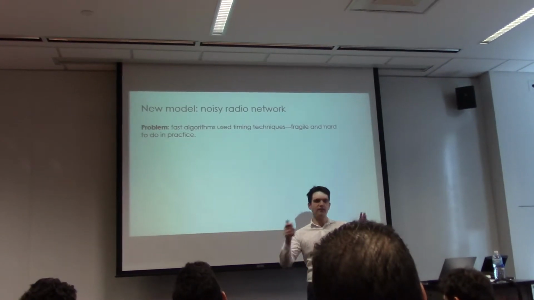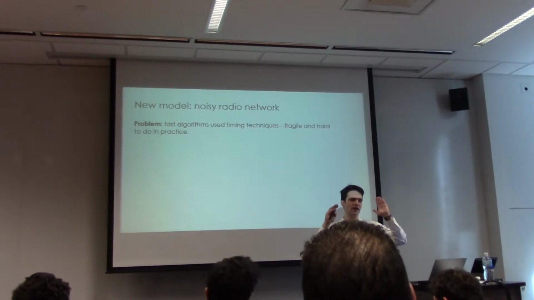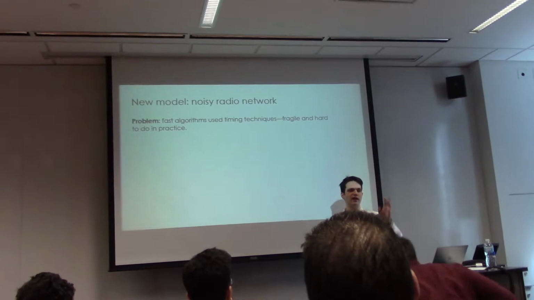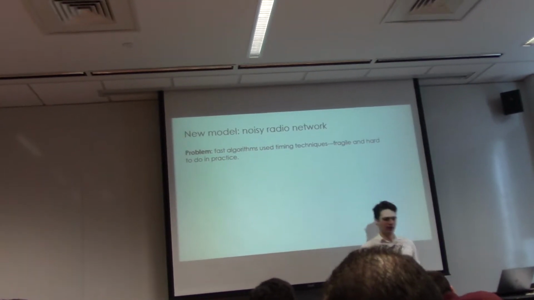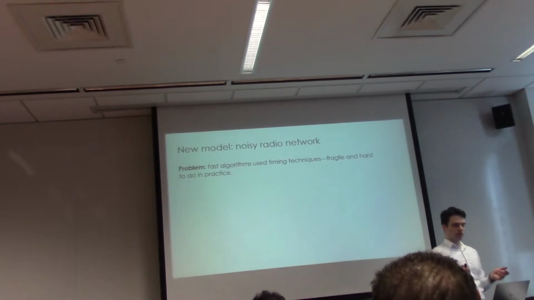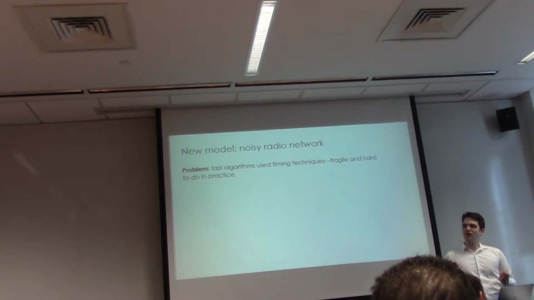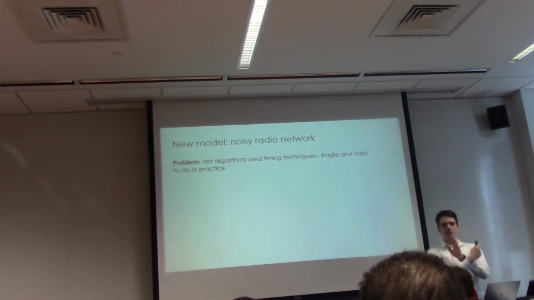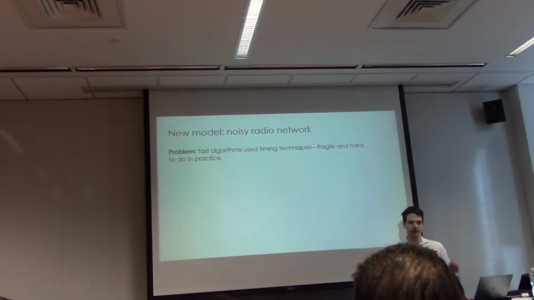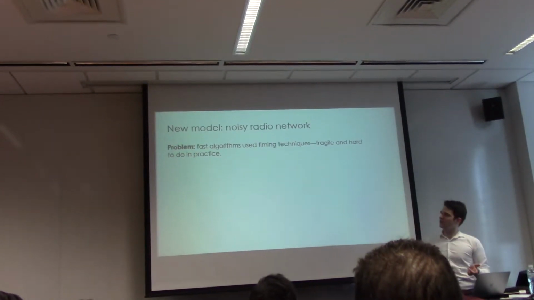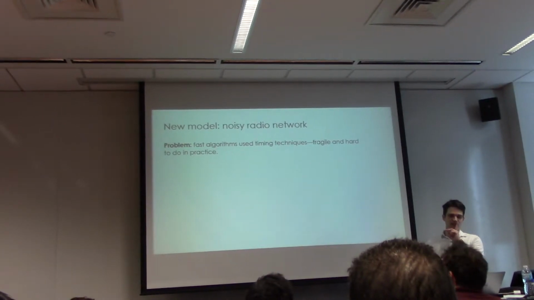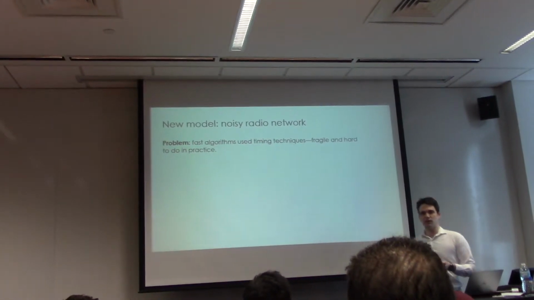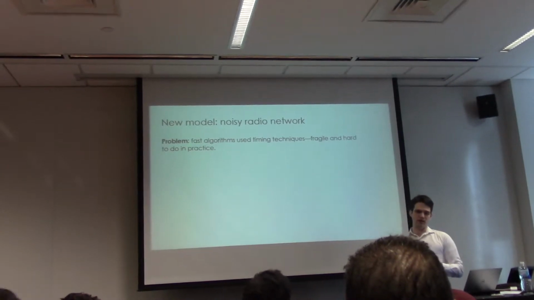If you remember that line example, you divide into groups of 3 and then you make these waves that propagate, all fine. I call this a timing technique because if a packet drops off a wave, it has to wait for the next one. The problem is you have to synchronize a lot of things and it's fragile in practice. It's kind of hard to do in practice. You ideally don't want those timing techniques.